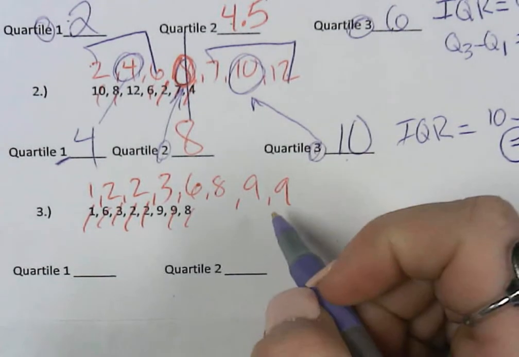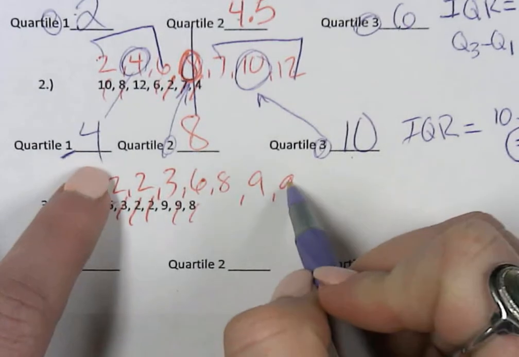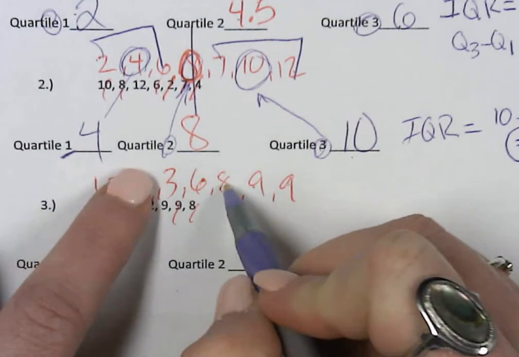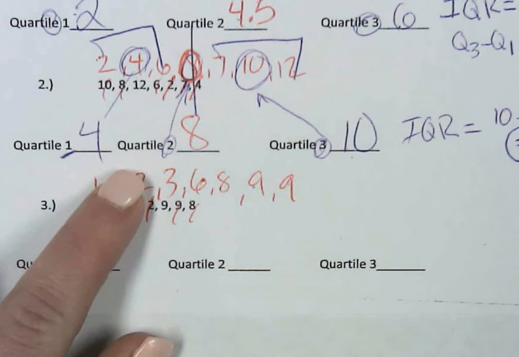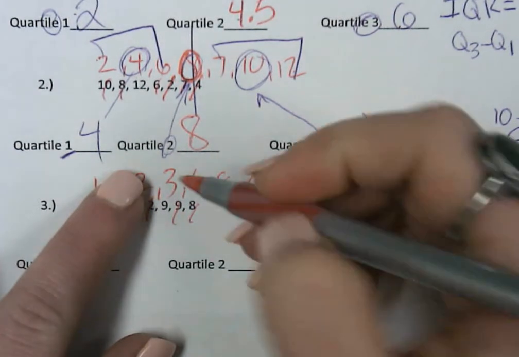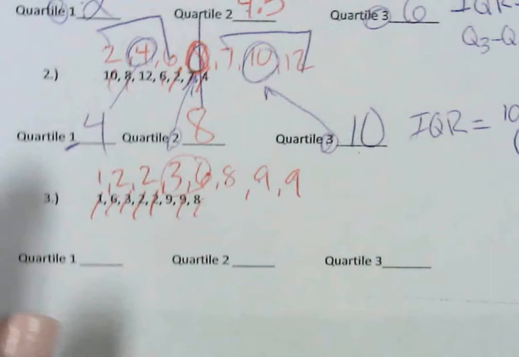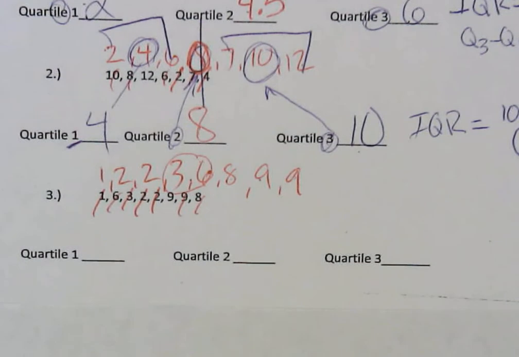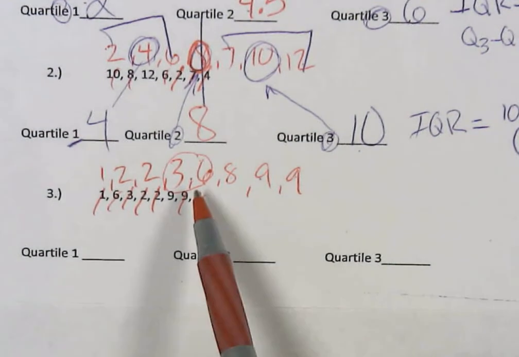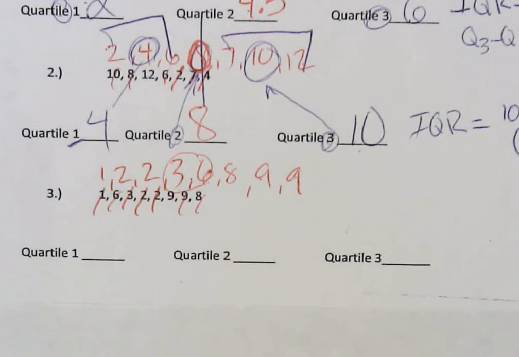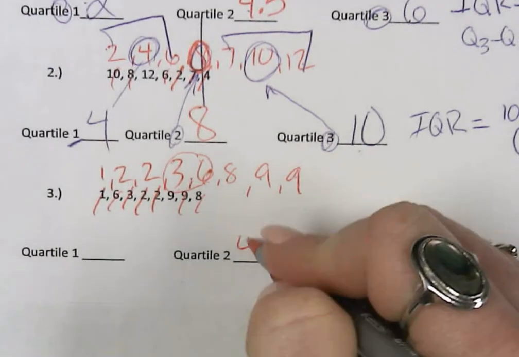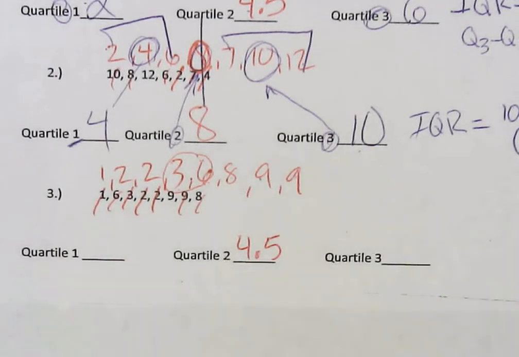So let's see here. We'll start from the ends, work our way towards the middle. Now this one's tricky again because there's not just one middle number, there's two middles that are going to have to share the median. So we'll average them together, add them up. 6 plus 3 is 9, divided by 2 again is 4.5. So our median, our middle, is 4.5.